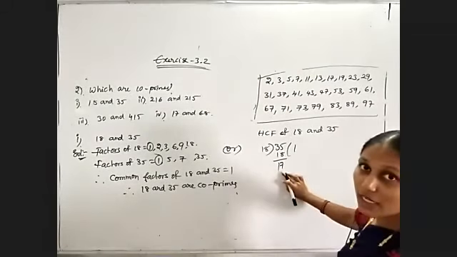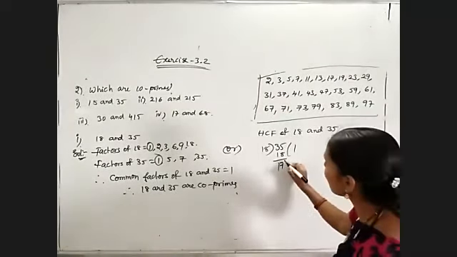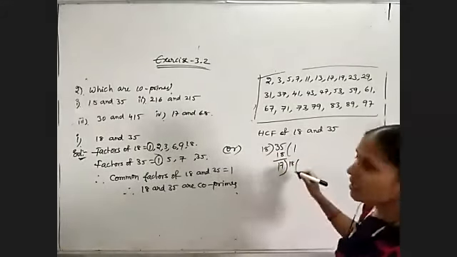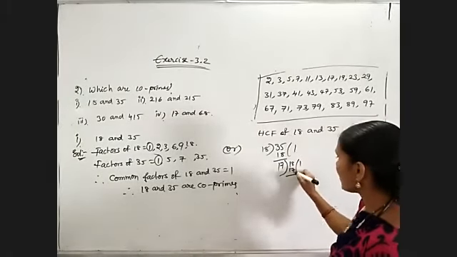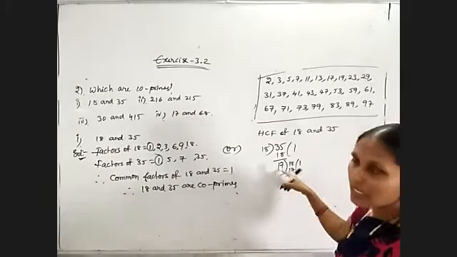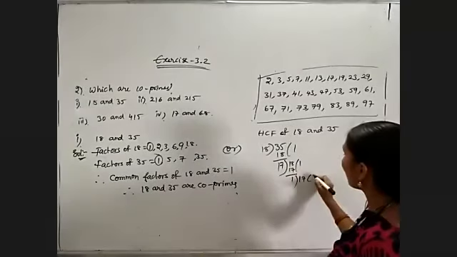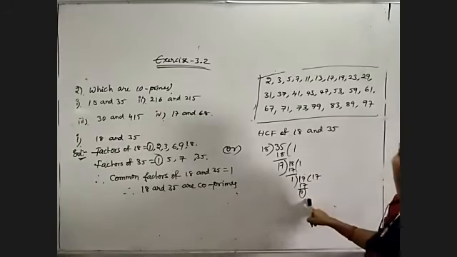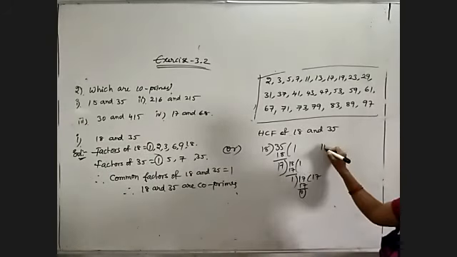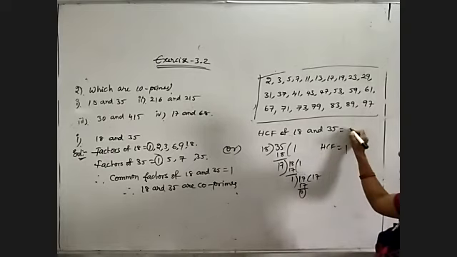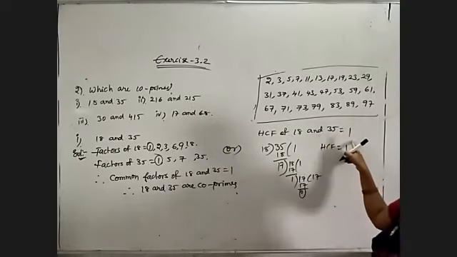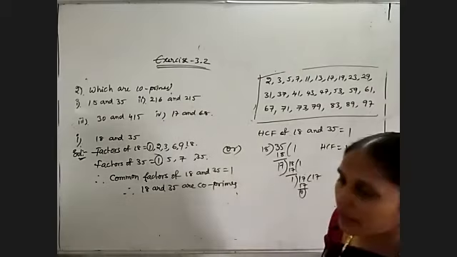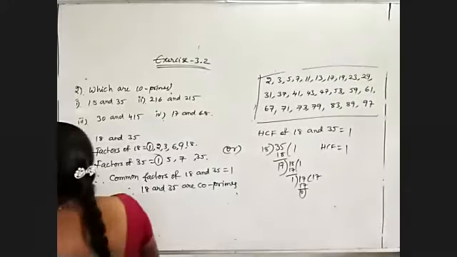Here we didn't get remainder 0, so I take this remainder as the divisor and the last divisor as the dividend. 17 ones are 17, so 1 is the remainder. Now take the last divisor: 1 17s are 17, remainder is 0. We got remainder 0 at 1, so HCF is 1. Because the HCF of 18 and 35 is 1, they are co-primes. Like this we can decide. Now coming to the next question.